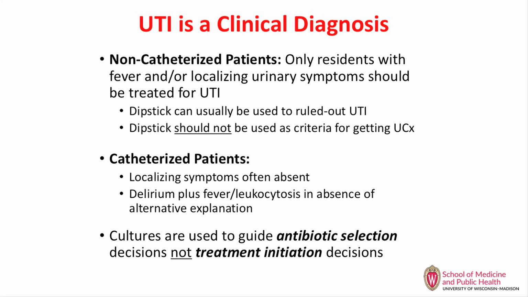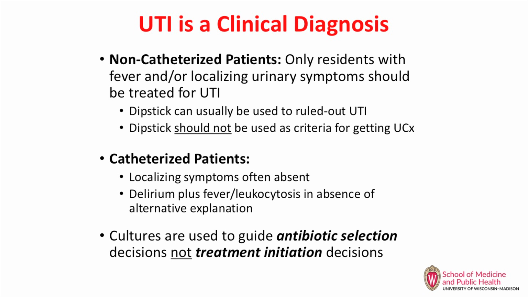I've had people come up to me and say, well, what if it's E. coli? And it doesn't matter, okay? It's a clinical diagnosis. So please remember that. We've inoculated generations of nursing staff, pharmacists, and providers to put this great amount of trust in the urine culture and the urinalysis as being diagnostic of a UTI, and it has no diagnostic value except to rule out UTI.